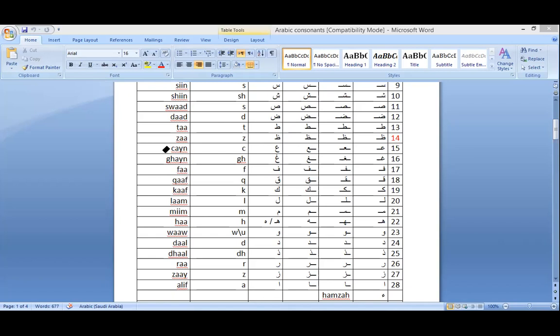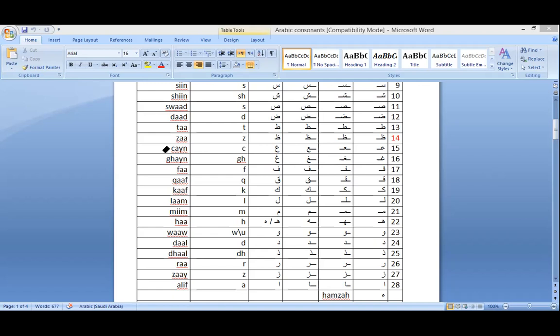Alif, Ra, Fa, Qaf, Kaf, Lam, Mim, Ha, Waw, Dal, Zal, Ra, Za, Alif. That's good. Yes, Muniru. It's Ain, Ghain, Fa, Qaf, Kaf, Lam, Mim, Ha, Waw, Dal, Dhal, Ra, Za, Alif.